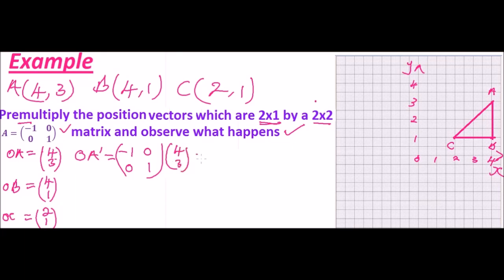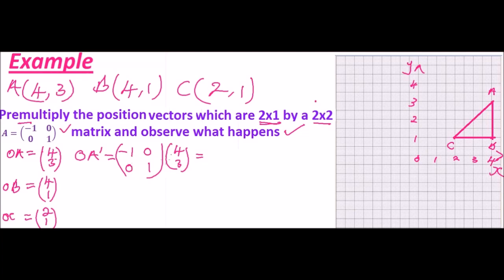So when you multiply like that, we start with our matrix, then our column vector OA. That is why I mentioned that you need to revise the multiplication of matrices, because this is what you will be dealing with in this section.